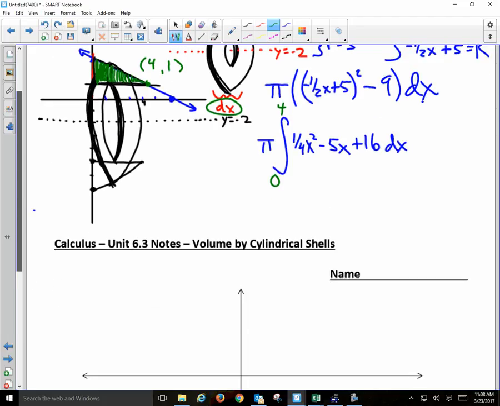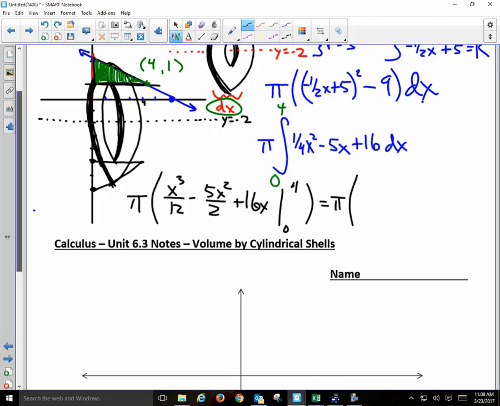So there we go. Time to just integrate. No big deal. Pi times, what's the antiderivative of 1/4 x squared? x cubed over 12, minus 5x squared over 2, plus 16x, evaluated from 0 to 4. Pi times, plug in 4. 4 to the third, 64 over 12.